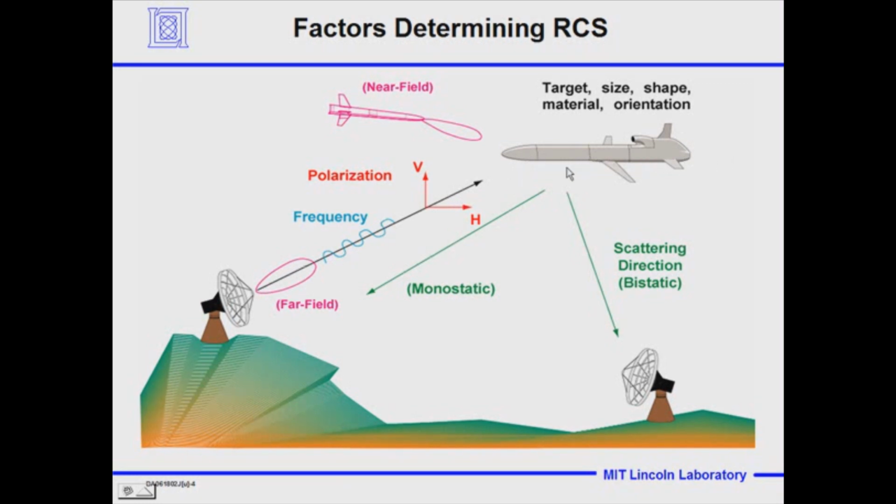And it can also depend in another way on the location of the receiver. We have two kinds of ways we can operate radars. One we call monostatic, where the transmit antenna is located at the same location as the receive antenna. And then there's what we call bistatic operation, where you have one antenna that you transmit energy out with and another antenna that you receive energy with.